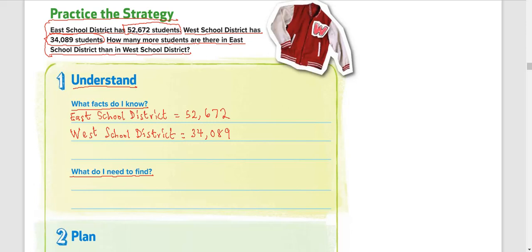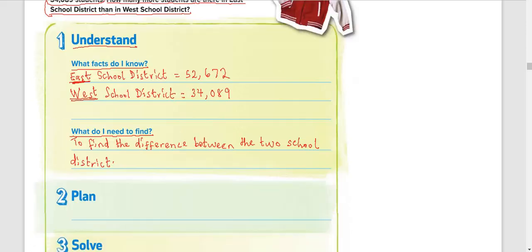How many more students? So we need to know how many more students are there in the East School than in the West School. So it's basically talking about the difference, that is the East School District minus the West School District. So what do I need to know? We need to know the difference between the two school districts.